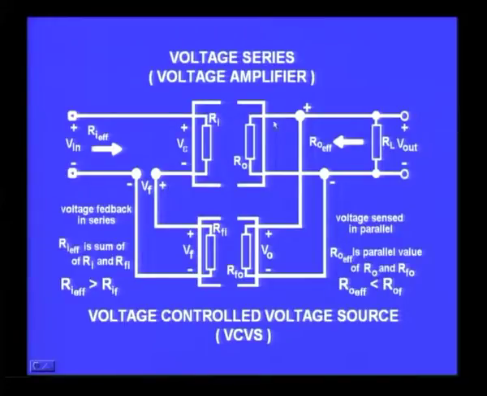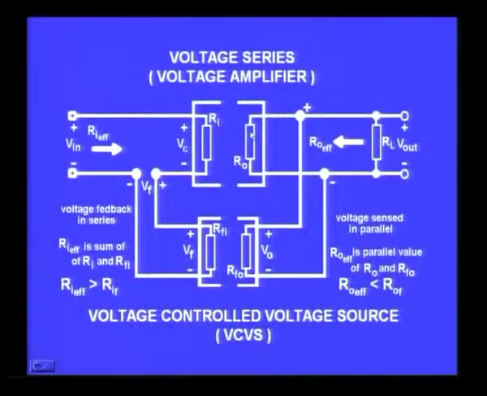So the effect of connecting a feedback network in parallel is to reduce the output impedance. That is what I want you to understand. When I connect any network in parallel at the output, you will always get an effective resistance at the output reduced. Okay.